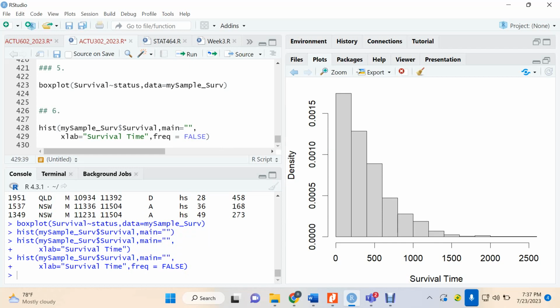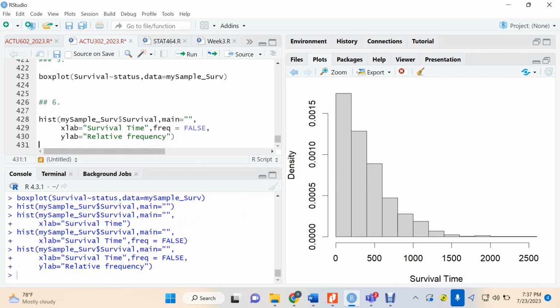If you like, you can name it, so that it appears as relative frequency, just like what you've been asked to do. If I do this, it will change it from density to relative frequency. But density is the same as relative frequency.